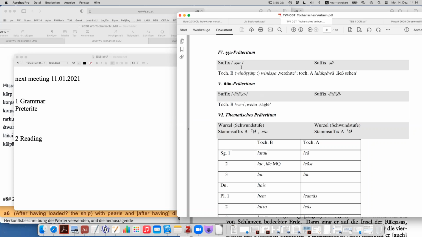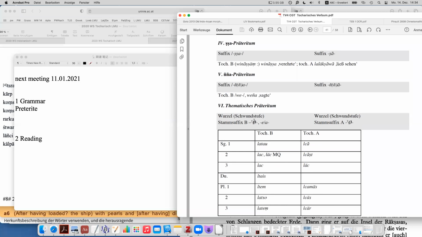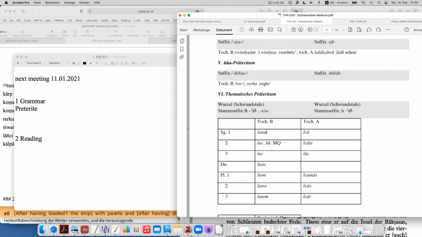Okay, and then the so-called semantic preterite, we only have some representatives like the root lent or lech, to go, to go out.